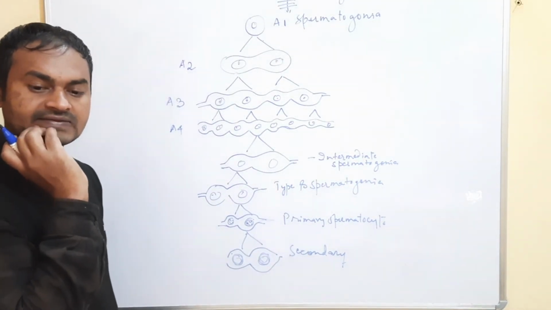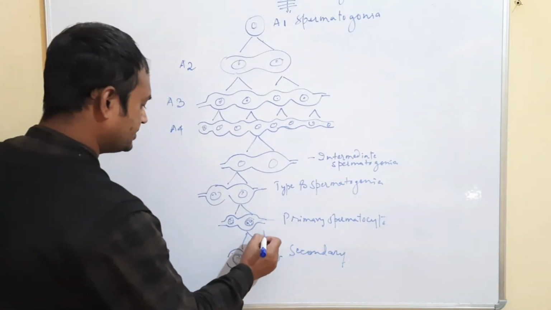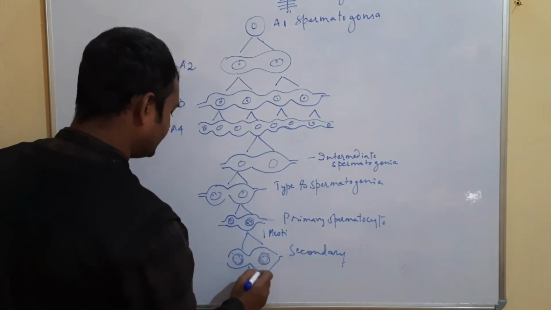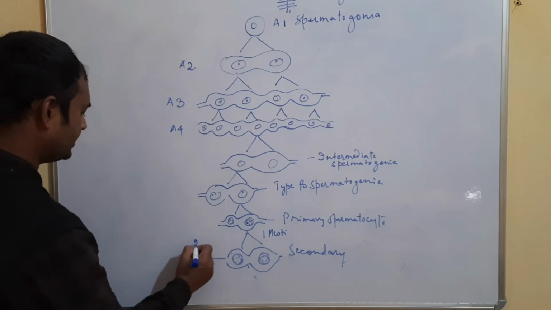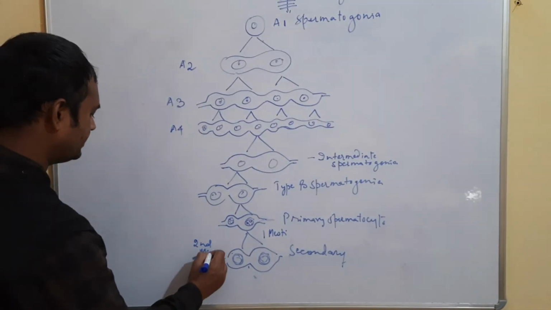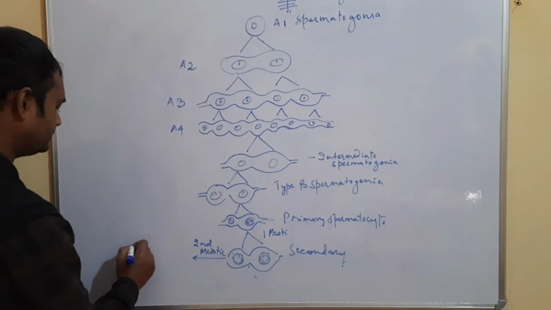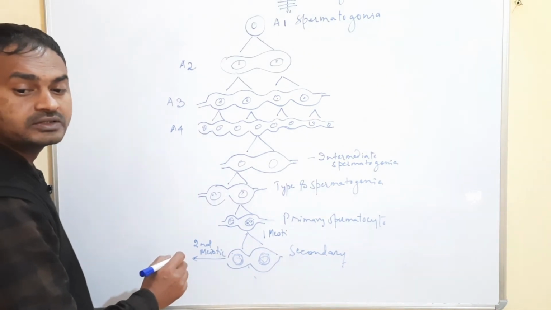This secondary one will again divide, first meiotic, and then again divide, second meiotic division, to form the spermatids.